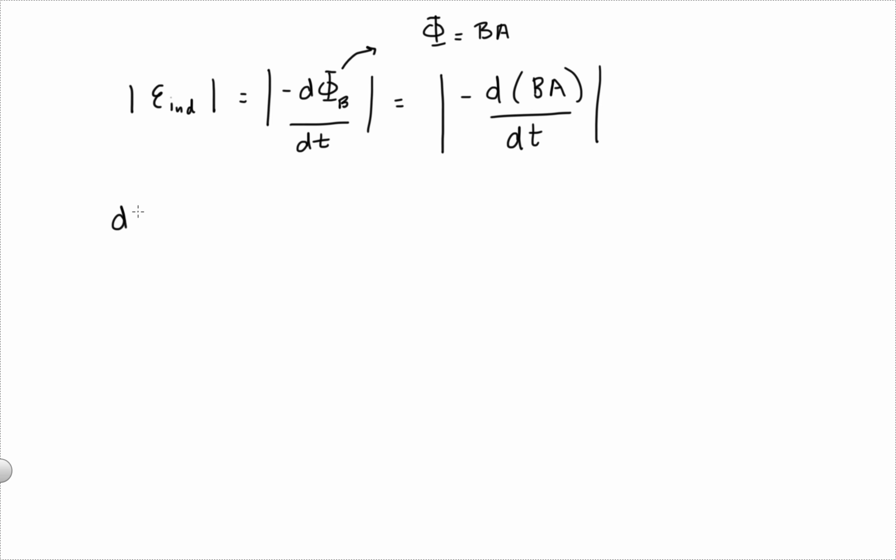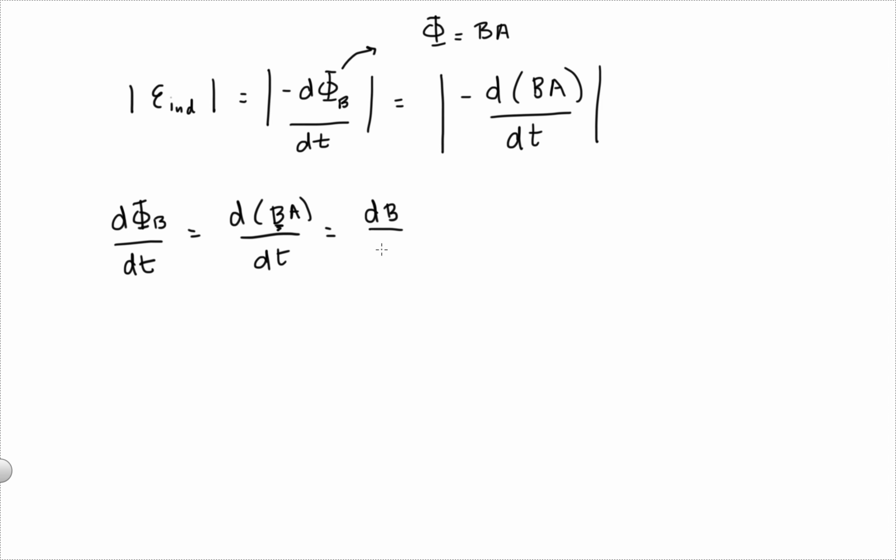And so let me just break this out. And so here's our flux. And again, we're just dealing with the magnitude. This is going to be d(BA)/dt. And there's two ways of thinking of this, but B is essentially uniform here, but we can go the long way.